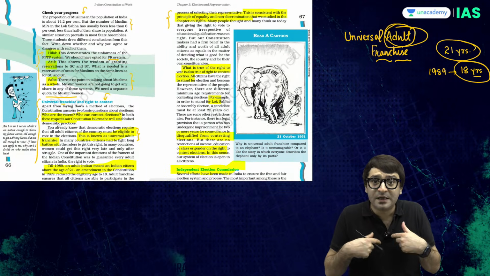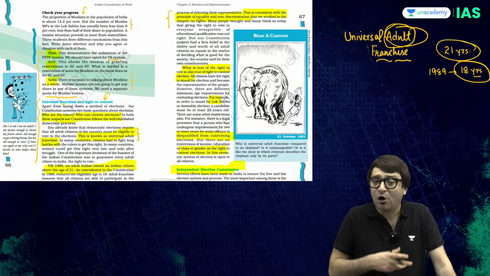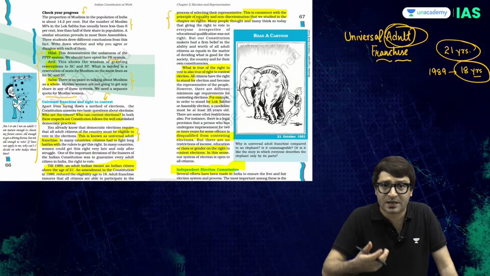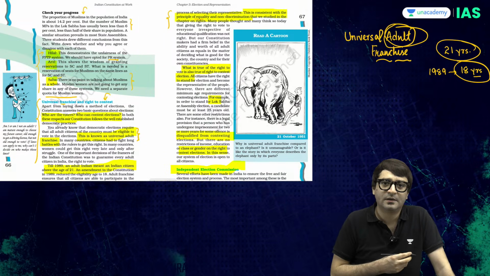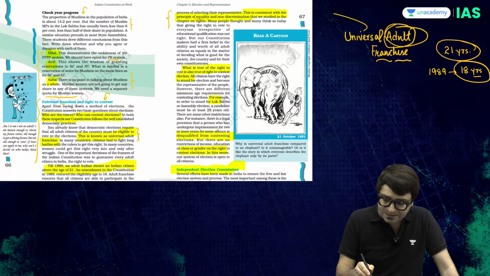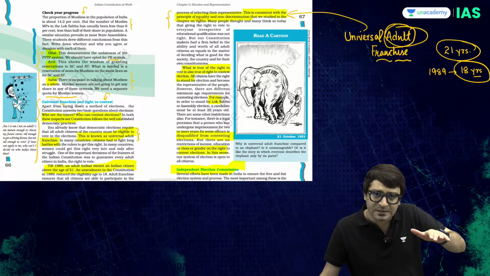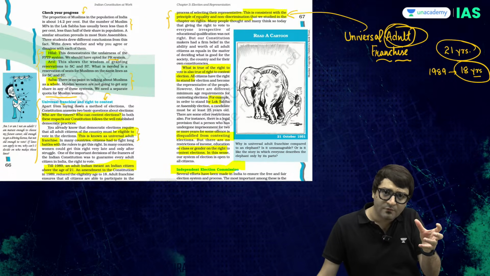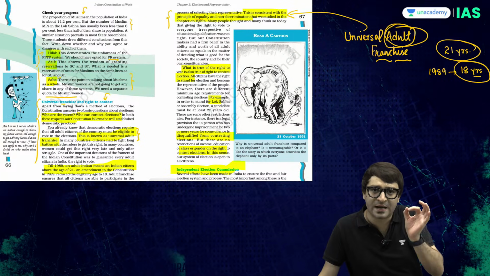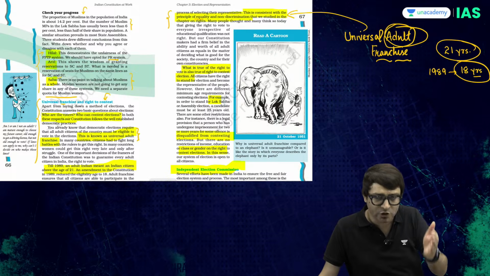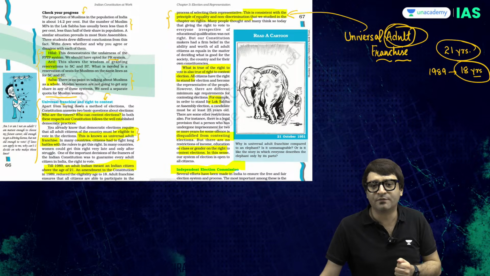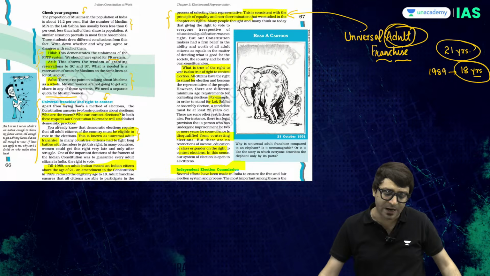And we should not be discriminating against you on the grounds of religion, race, caste, sex, place of birth, and so on and so forth. So this universal adult franchise, where every adult is given the right to vote, is consistent with the policy of equality and non-discrimination, which is enshrined under Part 3 of the Constitution, the Fundamental Rights chapter.